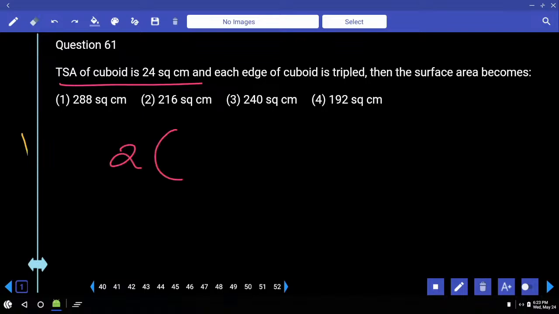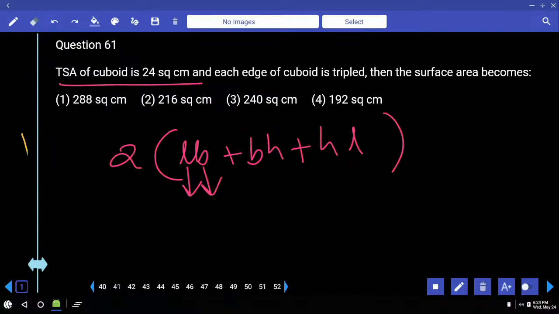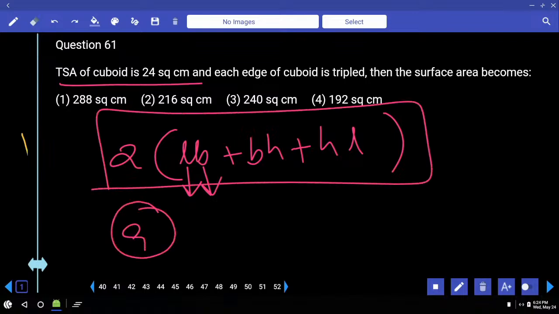Actually 2 into LB plus BH plus HL, that is the rule. If it is tripled, you will get 9, isn't it? So 9 will be the common. So the total surface area will be multiplied by 9. 24 9s are 216.